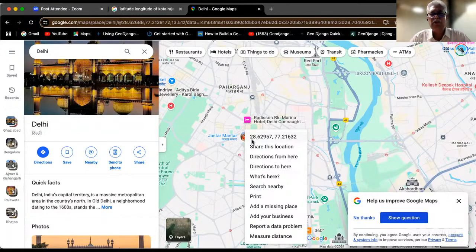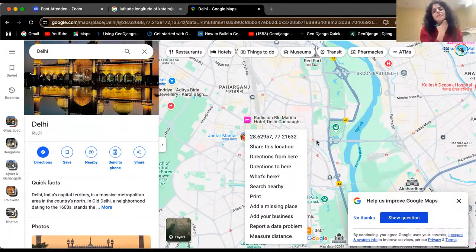Okay. And then if you want to convert these values, because in the software I think you have to give the values in terms of degree minutes instead of decimal degree. 28.62957, instead of this, you have to write 28 degree 13 minutes or something like that. So what you do is 28 degree and 0.62957 multiplied by 60 will give you the minutes.